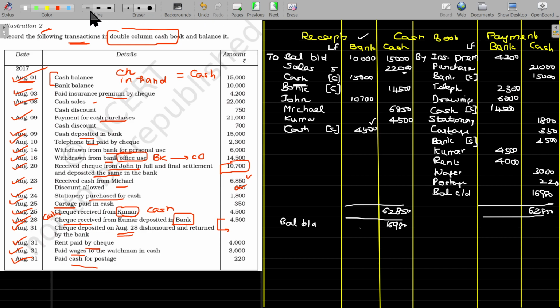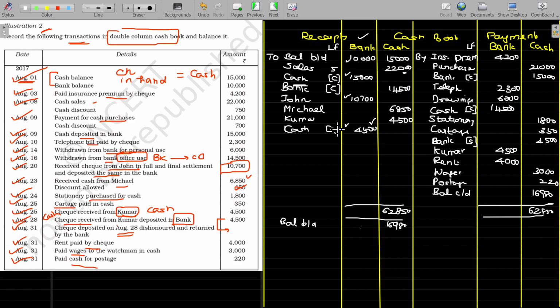Now, come on. Bank balance 10,700. Okay. Which side? Debit side cash. Debit side cash column 62,000.